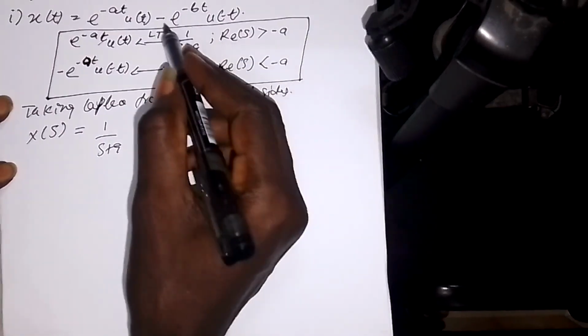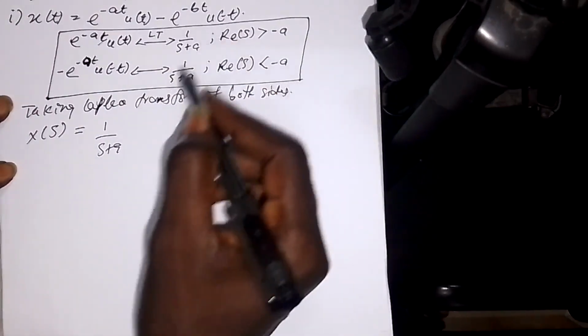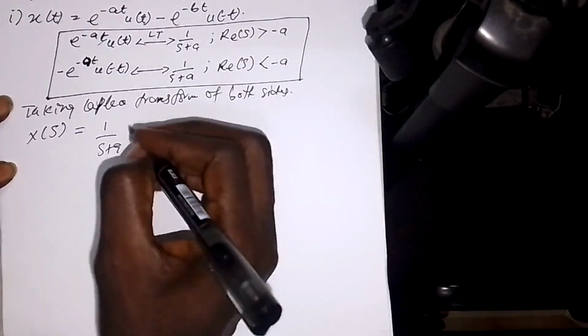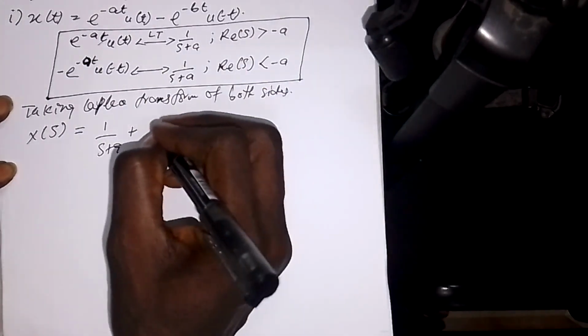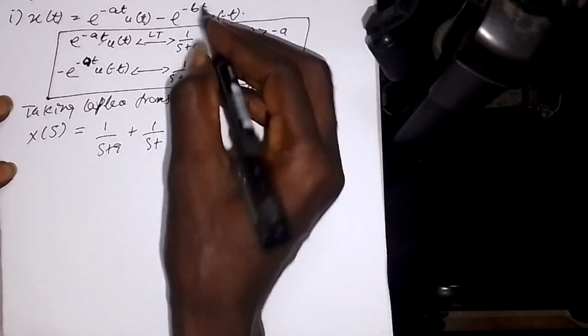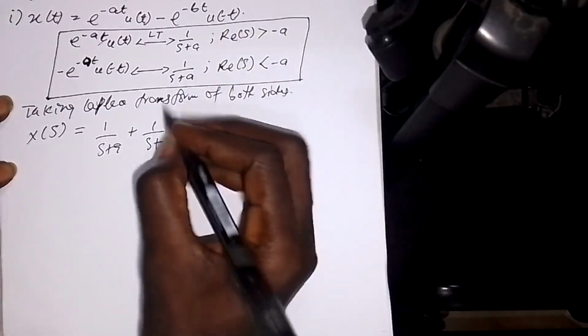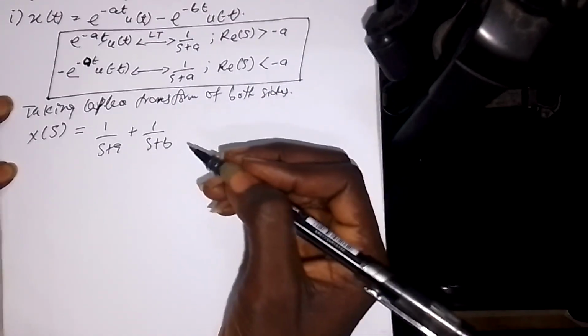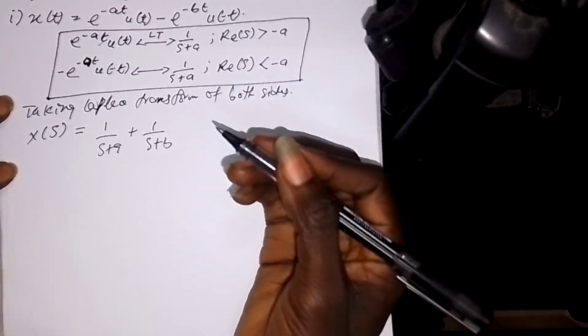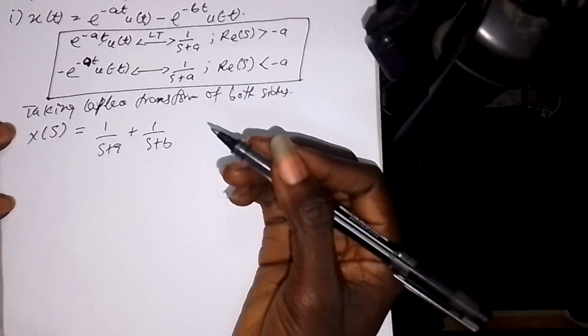And then for the second term, the negative becomes positive, so plus 1 over s plus, here it is b, so instead of writing a, I'll write b. Basically that's how you get the Laplace transform of these.